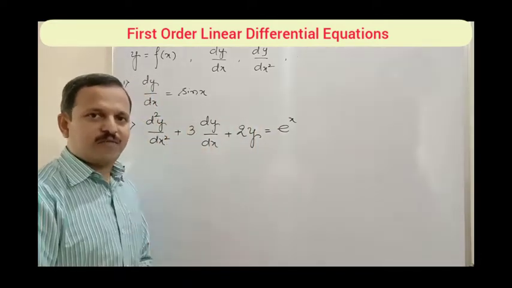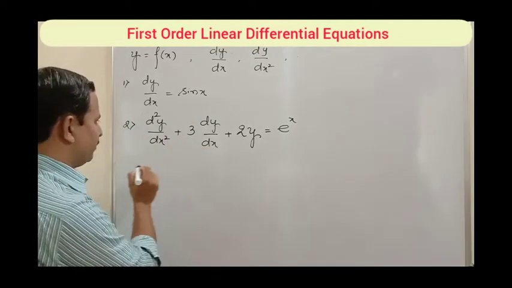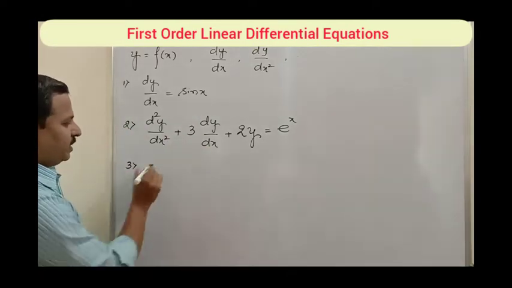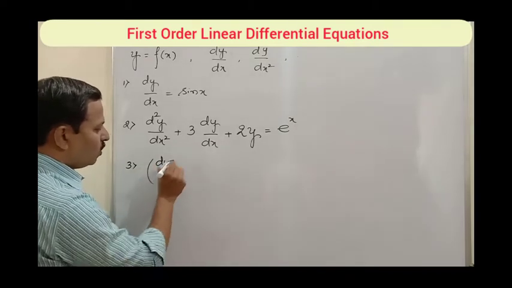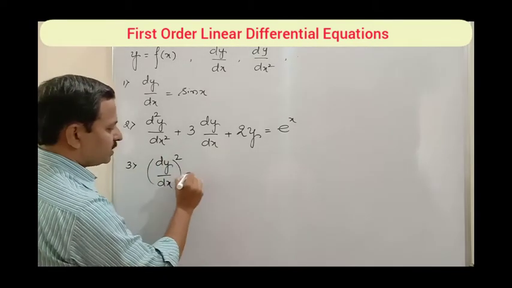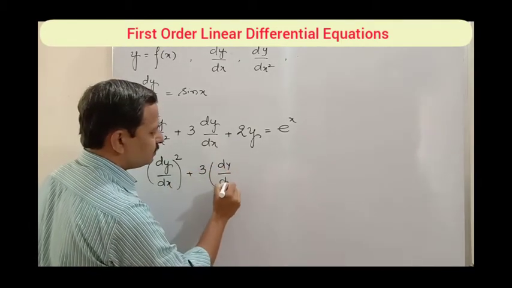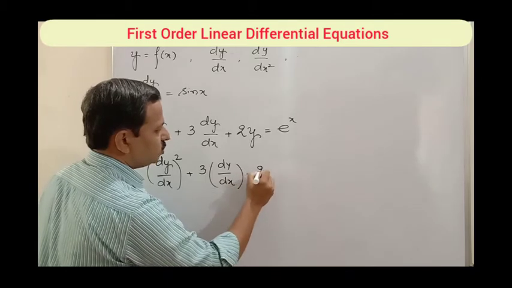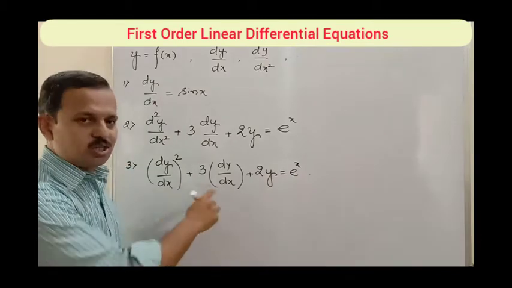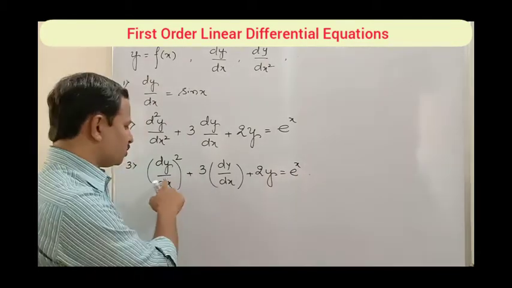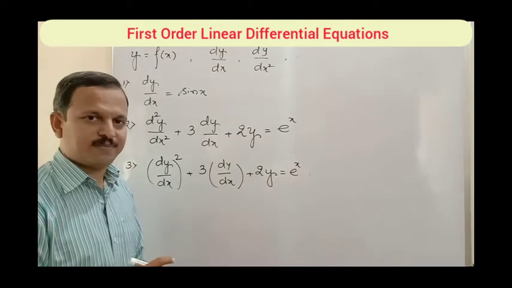It is also a differential equation because it contains derivative terms. Third, (dy by dx) whole square plus 3 into dy by dx plus 2y equal to e to the power of x. This is also a differential equation because it contains the dy by dx term, that is the derivative of y with respect to x.